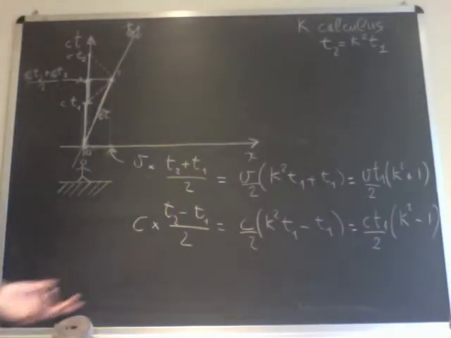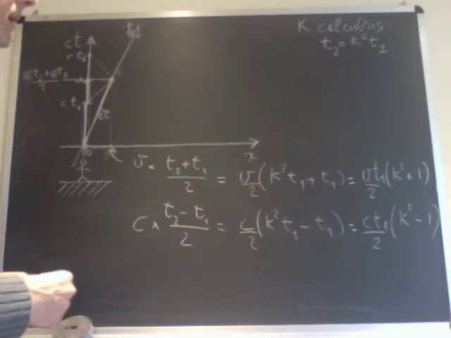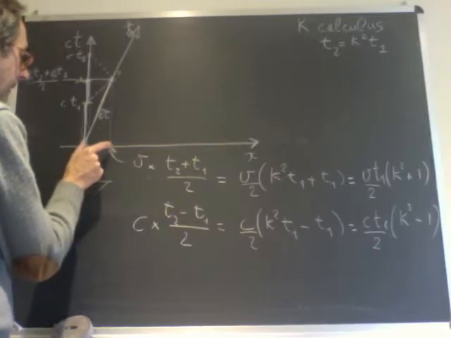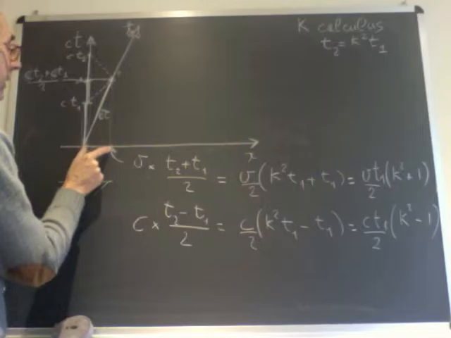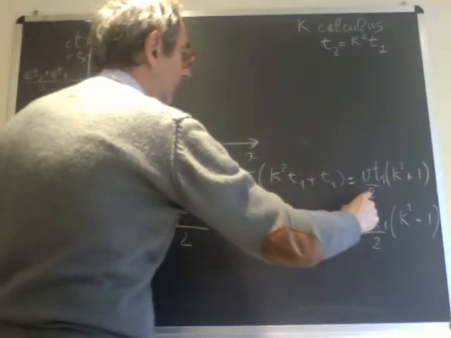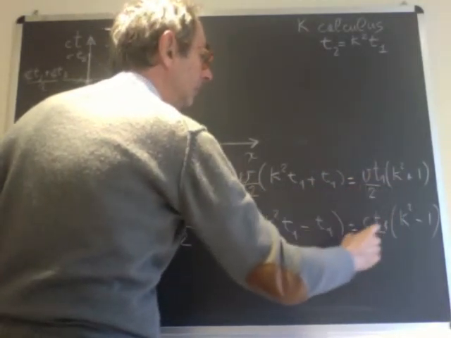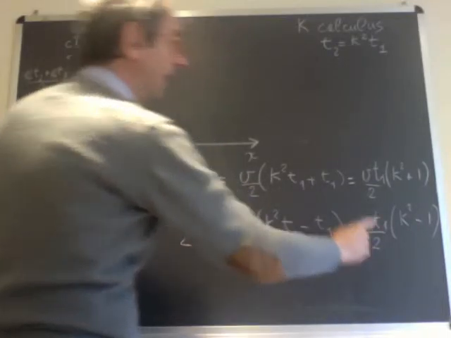And these two quantities must be the same, because we've said that they are exactly the same distance, the distance from here to here, calculated with the movement of the rocket and with the movement of a beam of light.